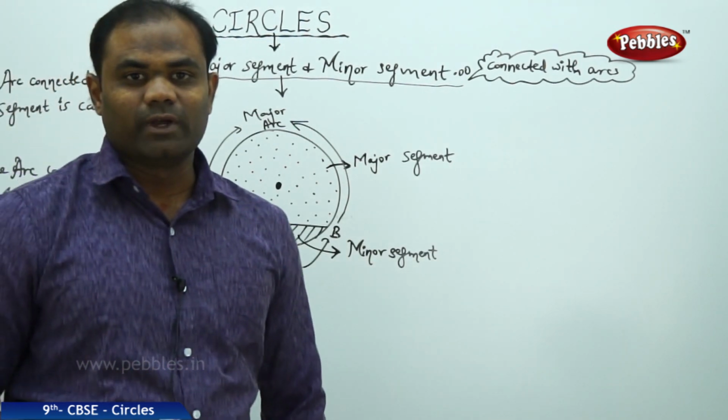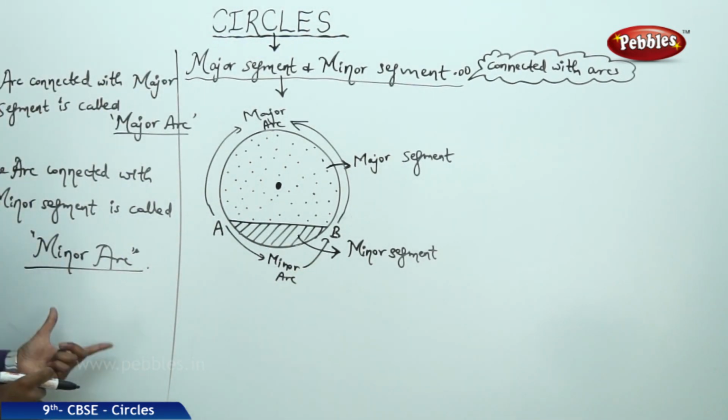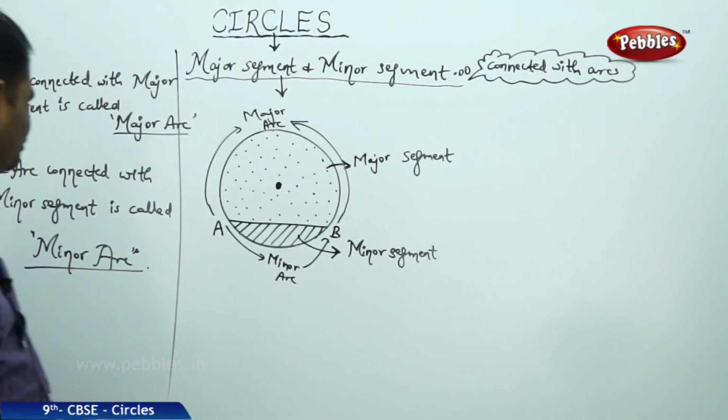This is how we understand the relation between major arc and minor arc.